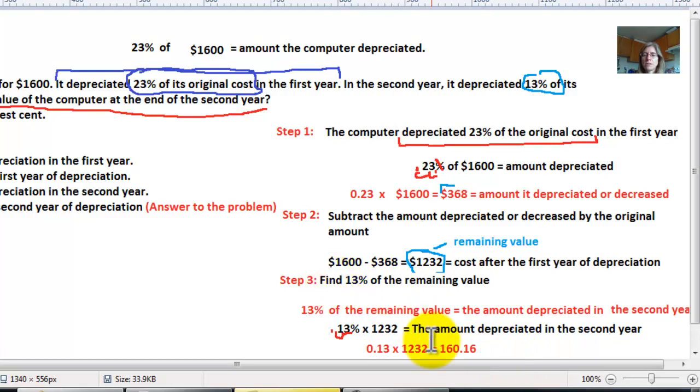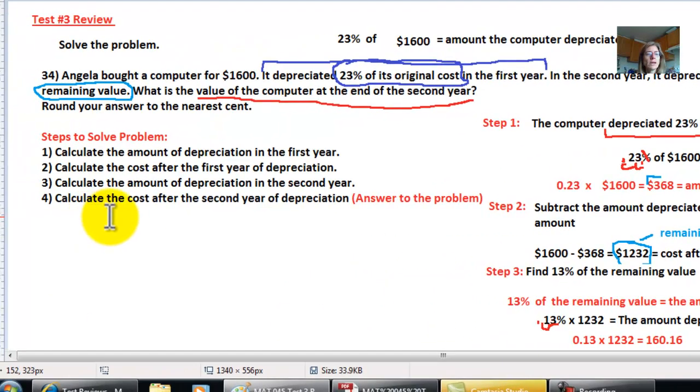So an additional depreciation happened. That's step 3. Step 4, we calculate the cost after the second year of depreciation.